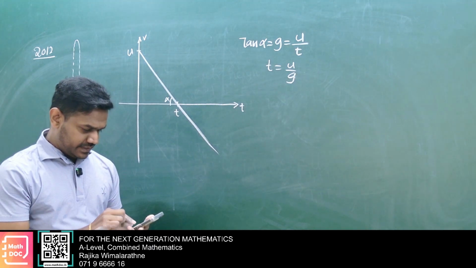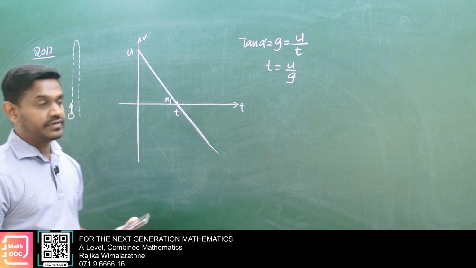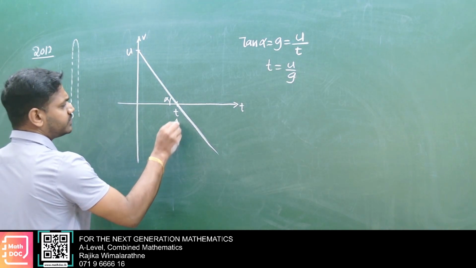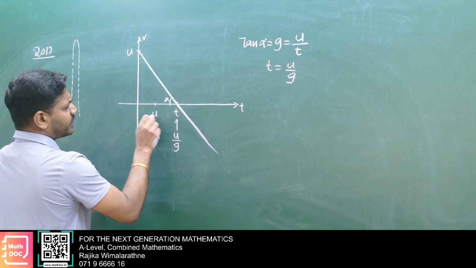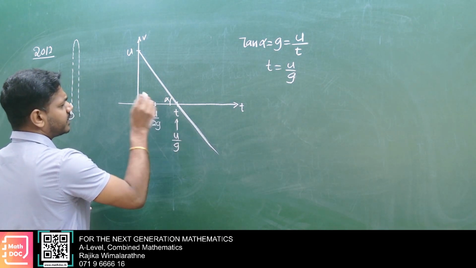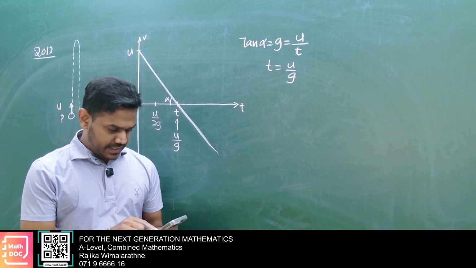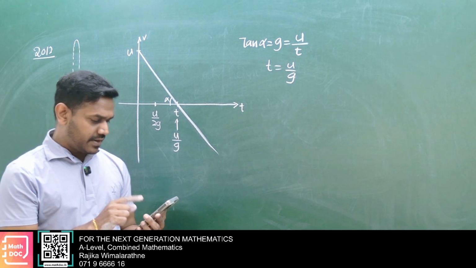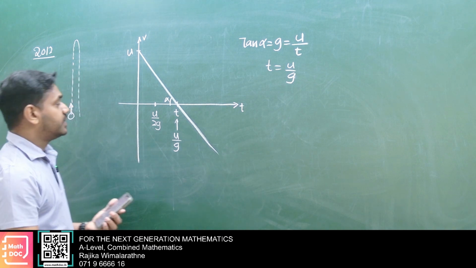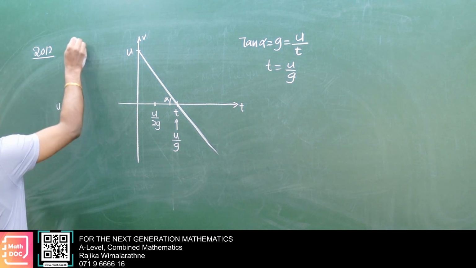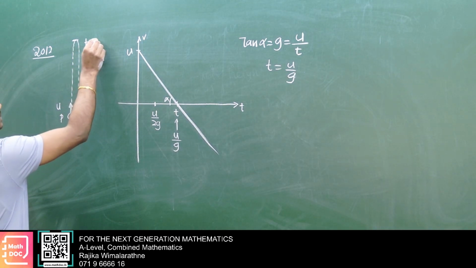Now here it is given that after time u over 2g. After time u over 2g means, here this time is u over g, no? Then half of that, somewhere here, u over 2g. That's the time. Now it says that another particle Q is projected at O, vertically upward with velocity v. So here time t equals 0. Here time t equals u over g.